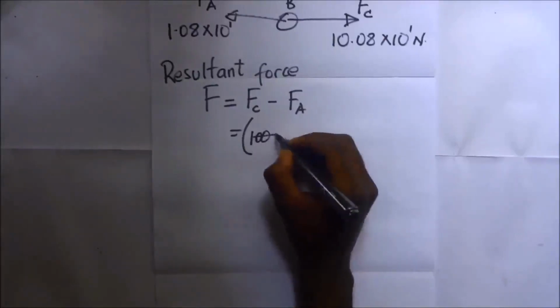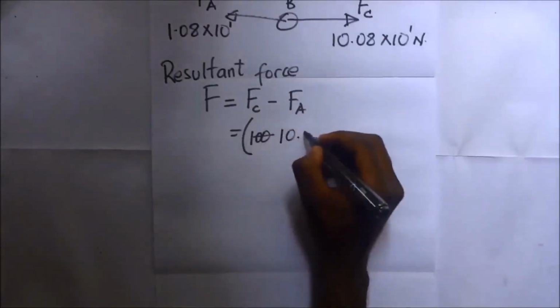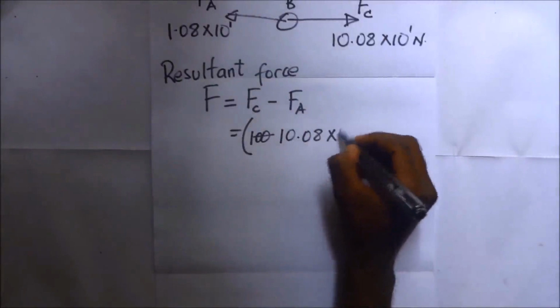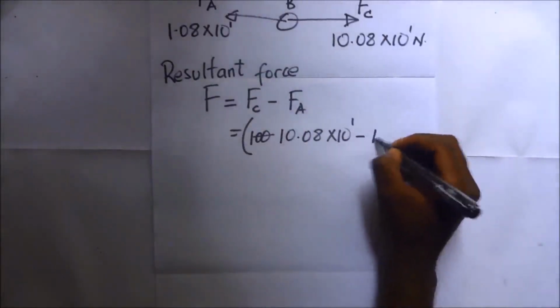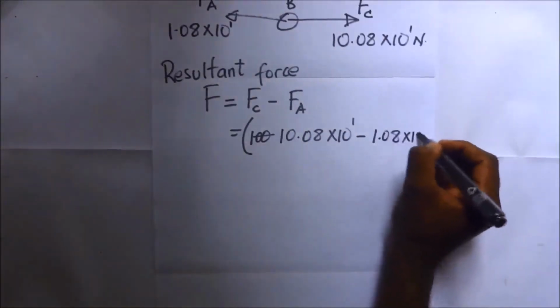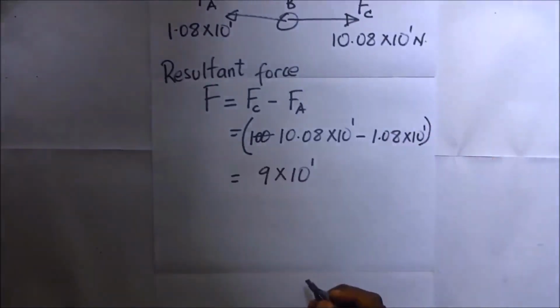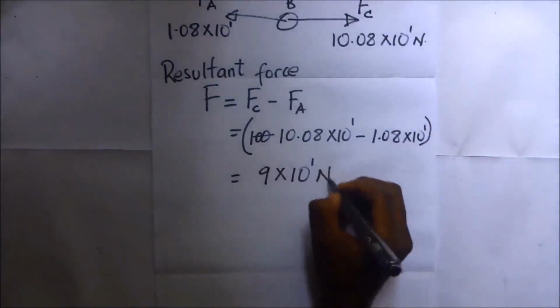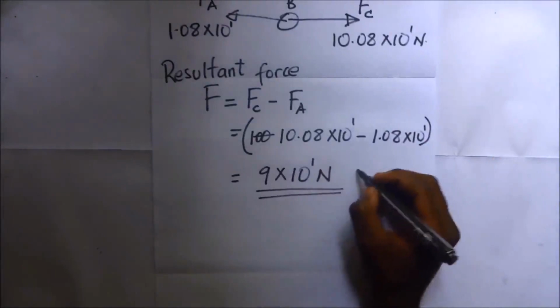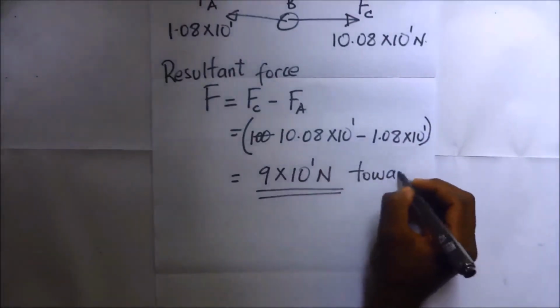It is going to be 10.08 times 10 to the power 1 minus 1.08 times 10 to the power 1. Our resultant force will be 9 times 10 to the power 1 newtons, and this is towards charge C.